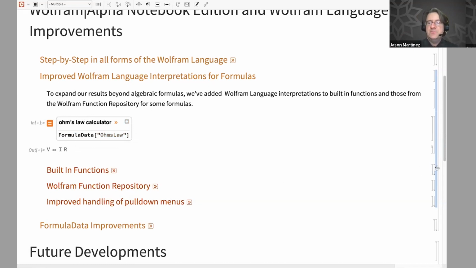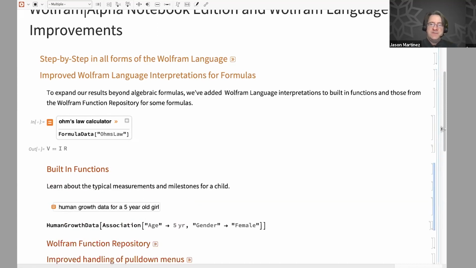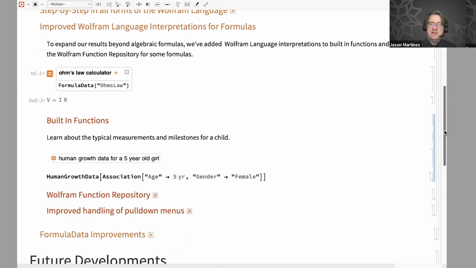But there are many cases where we have formulas that don't line up, that aren't algebraic, or could be better described using a more complicated function. And so over the past few years, we've been adding alternative interpretations for these so that we can actually have a useful result for people who are looking to explore this data in more detail.